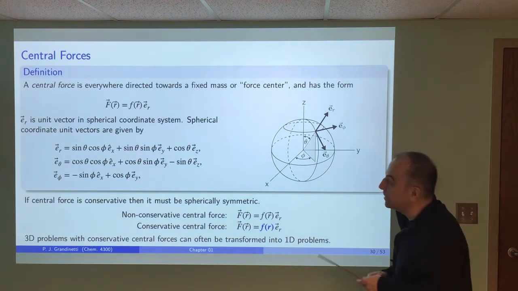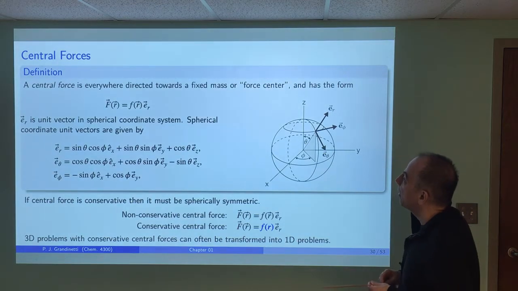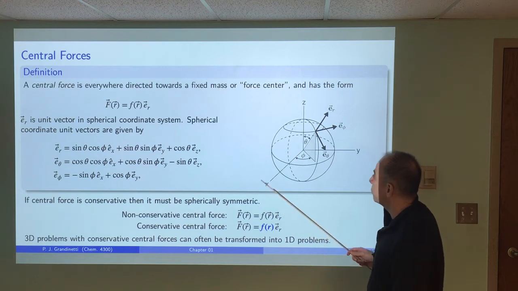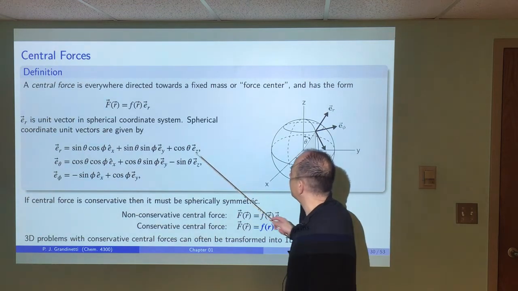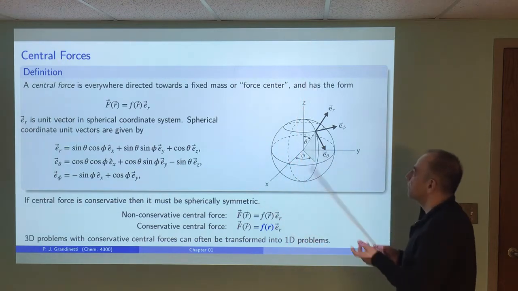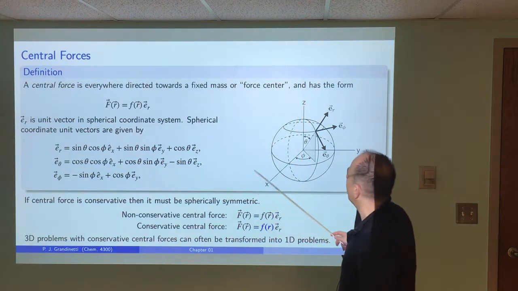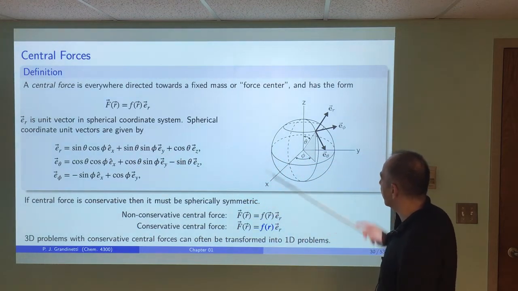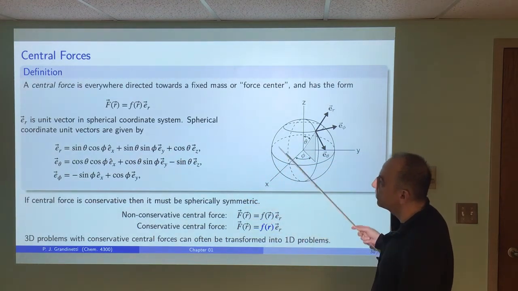Now another subset of forces are a set called central forces. The way central forces work is that they are defined so that they act radially out from some force center. So you can write this, if we took our force vector and wrote it in terms of spherical coordinates.